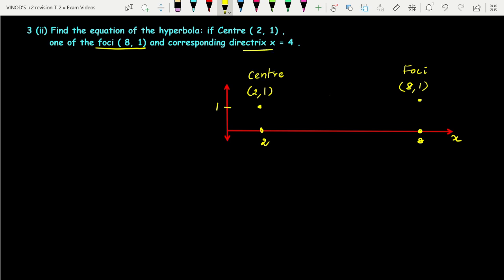Next, the directrix x is equal to 4. So between 2 and 8, you'll have 4. So this vertical yellow line is your directrix. X is equal to 4 is the directrix.